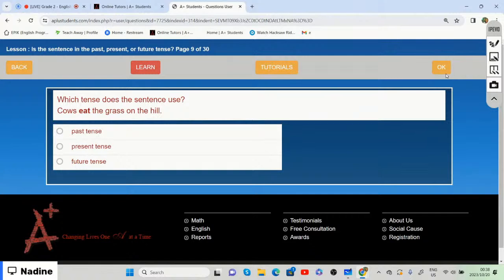Is that past tense, present tense, or future tense? All right. So if we look at the word eat, it's something that they're doing now, which means that it is the present tense.